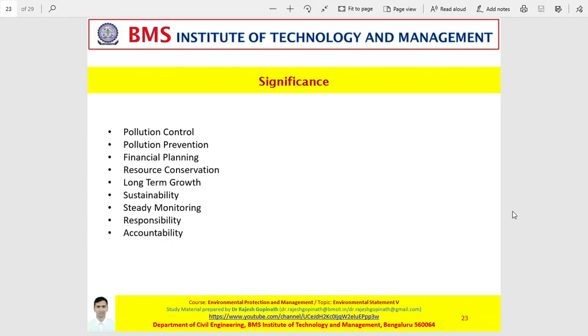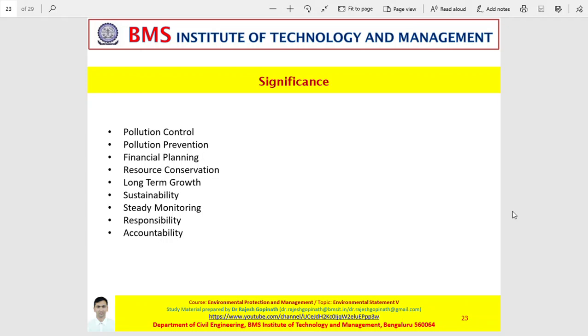There is a steady monitoring which is taking place for every industry, for every year, as this document is submitted to the Pollution Control Board. And if there is any violation, or if there is any compliance not being met, or if there is any serious deviation, responsibility lies on the occupier, lies on the industry.